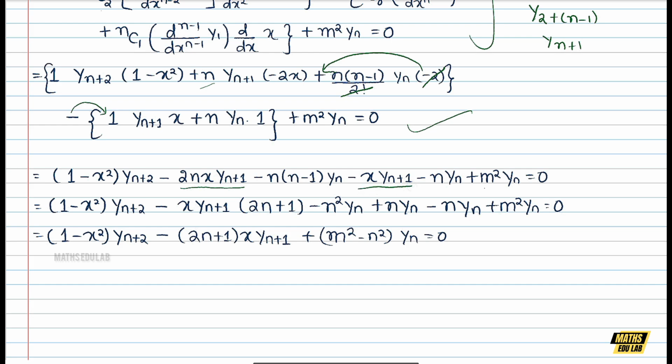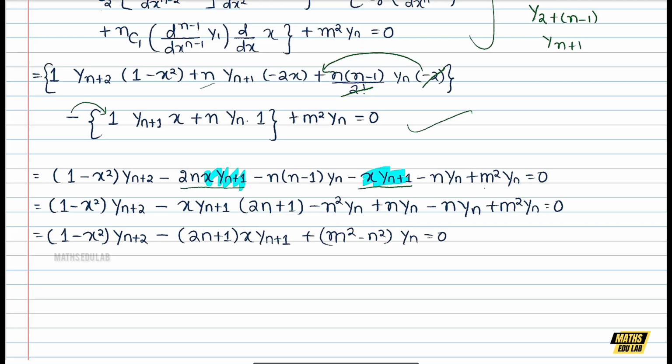On taking common, the next equation will be written as 1 minus x square y(n+2) minus, as we have taken y(n+1) from this side, and also we have here y(n+1) into x.